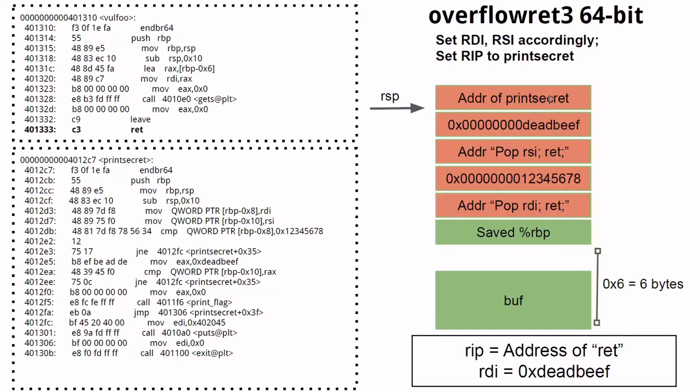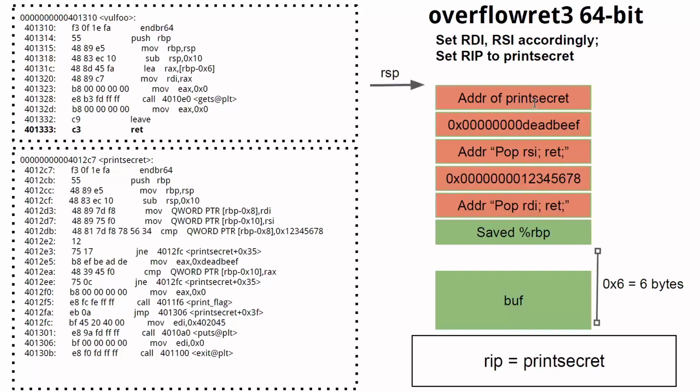And that return instruction will get this address into RIP so we can keep executing, right? So here, then we put the address of the secret function there. So after this, we are going to execute the function print secret. But before that, we used those two gadgets to set the value of RDI and RSI.